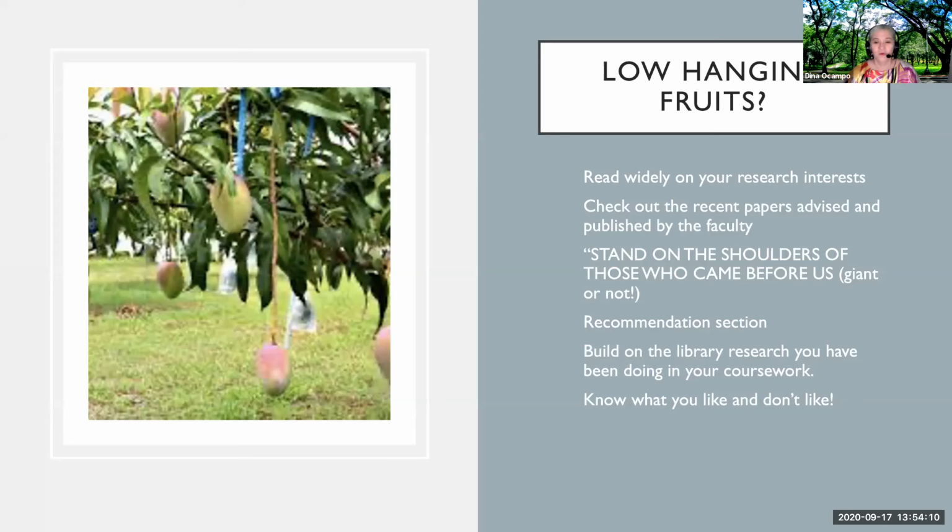One of the tricks I do, and I advise my students to do, is to look at the recommendation section of dissertations and thesis in your area, because always this section will have suggestions for future research. You may also build on the library research you've been doing all throughout your coursework since you started your degree program. And so you will know what you like and what you don't like to do. And this in itself is a low-lying fruit.